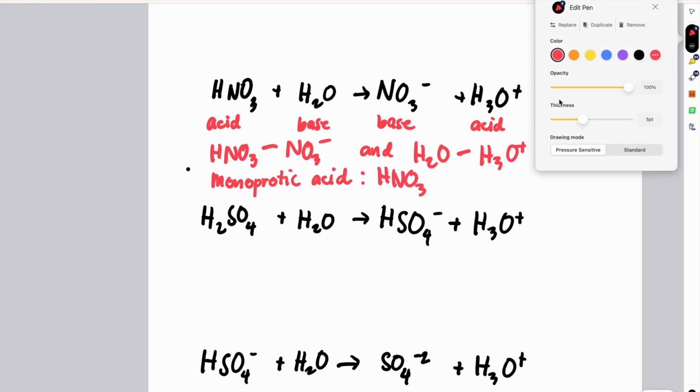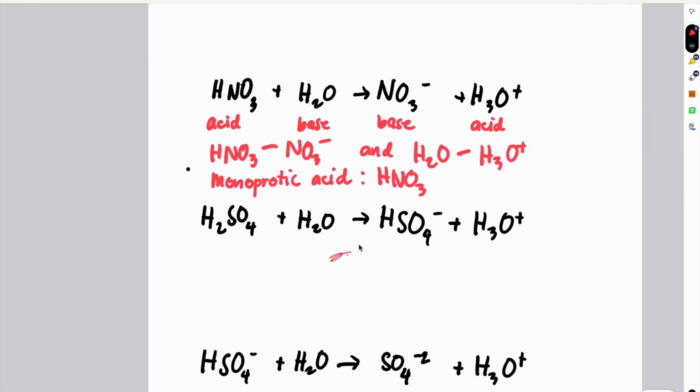So it's similar to the first example actually. So for the second example, we have this. This is an acid. This is a base. This is a base. Base niya. And this is an acid.